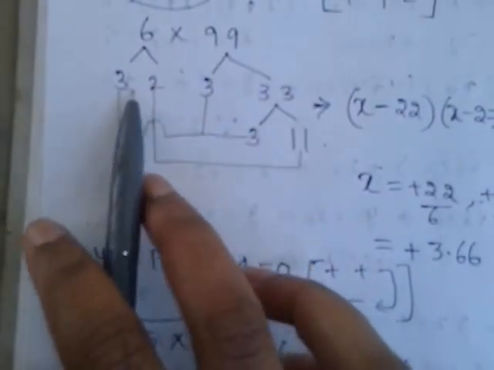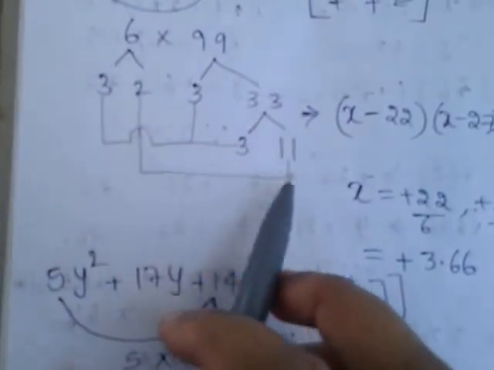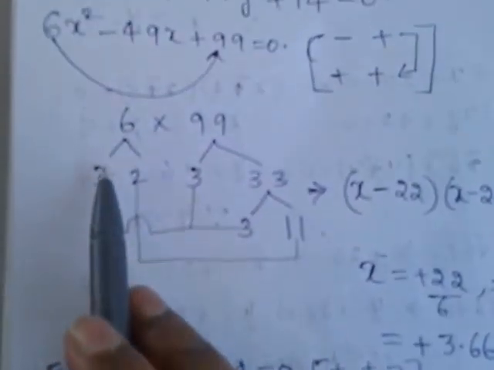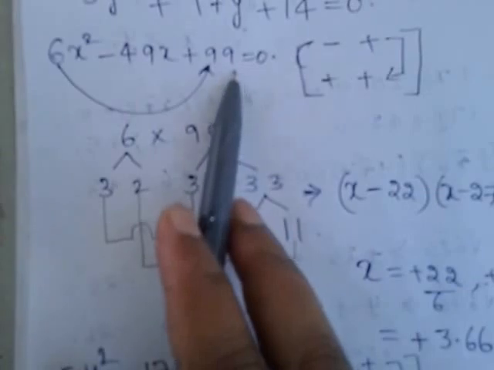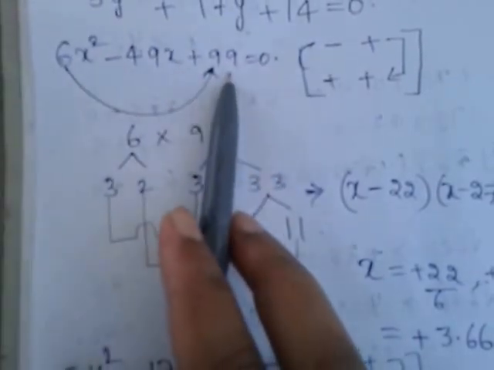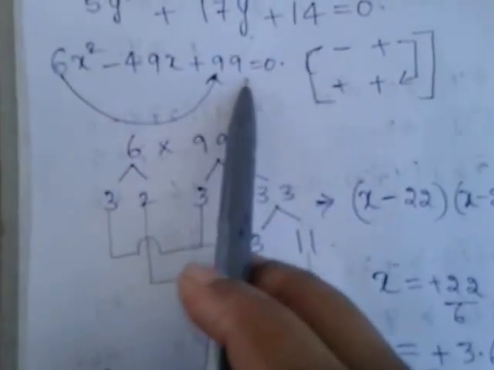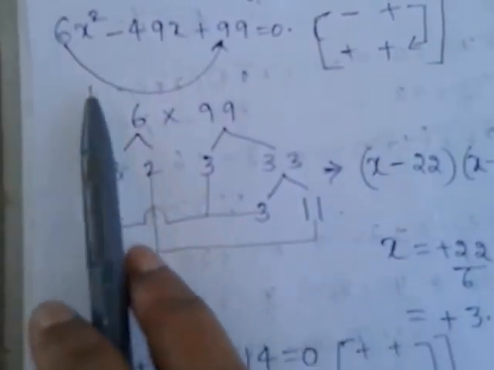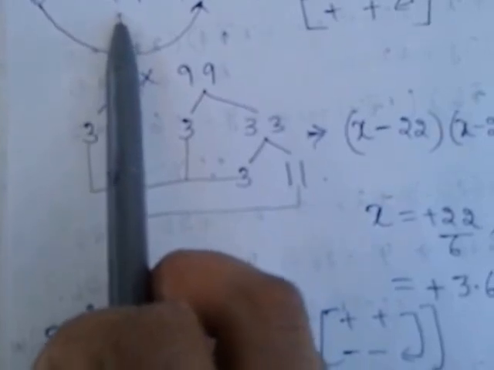From these we have to see the combinations which will give you minus 49. Anyway, if you multiply all these you will get the 99 into 6 value, so you don't have to multiply. You see only the combinations which will give you minus 49 as your answer.